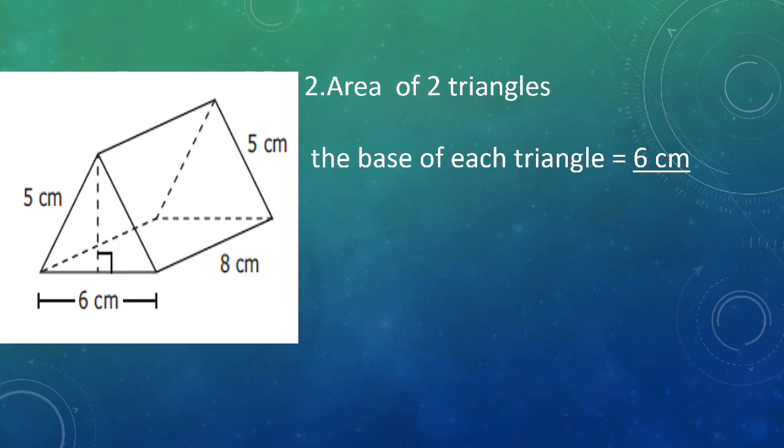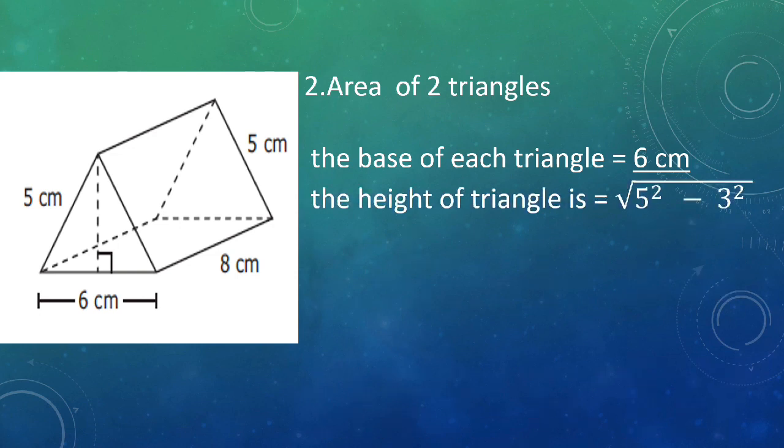So we have the height of the triangle is equal to the square root of 5 squared, 5 is our hypotenuse, minus 3 squared. The 3 is half of our base because we divide it into 2 to form the right angle so that we can solve the height, right?